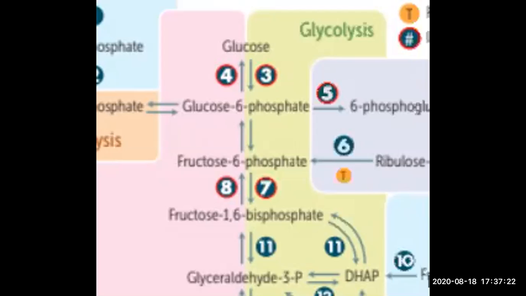Now this is the step in which you are converting fructose 6-phosphate into fructose 1,6-bisphosphate. In this step you are using number 8, fructose 1,6-bisphosphatase. This is the key.